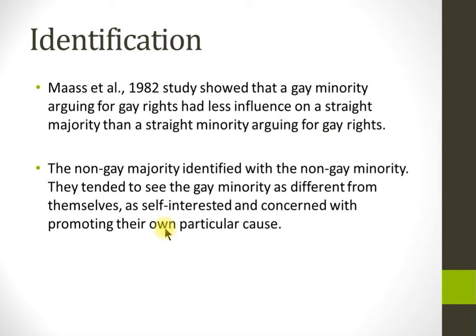They concluded that this was because the straights identified with the straights and therefore took their point more seriously, whereas when the straights were dealing with the gay minority, they saw them as being different from themselves, self-interested, and concerned with promoting their own particular cause, and therefore were mistrustful of it. So identification is important.